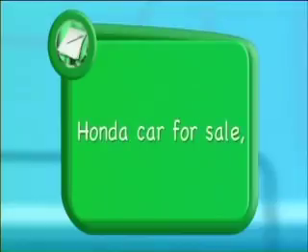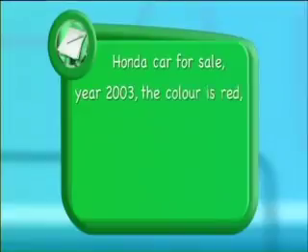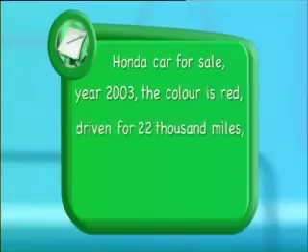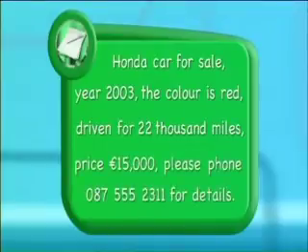The information you want to put in the ad is Honda car for sale, year 2003, the colour is red, driven for 22,000 miles, price €15,000. Please phone 087 555 2311 for details. Now let's write this ad.